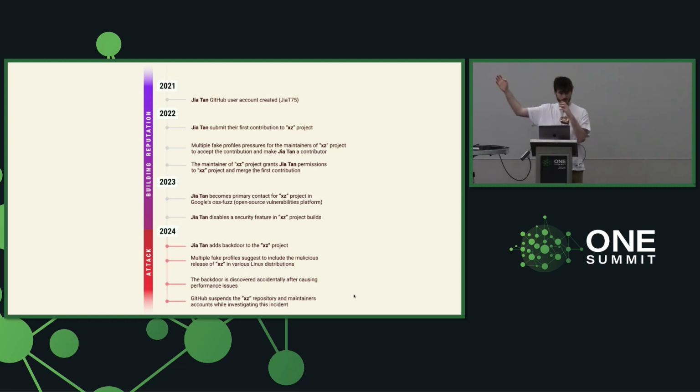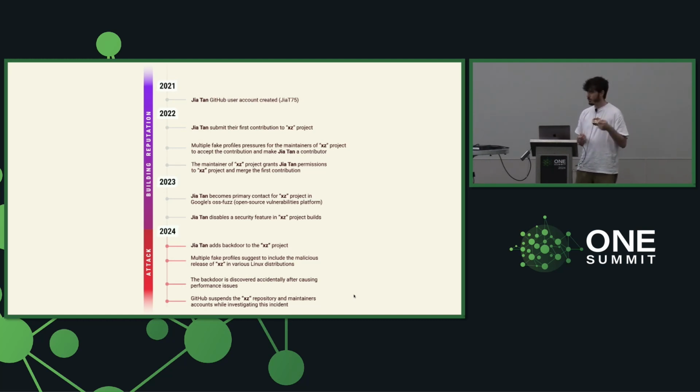So you can see here the timeline. In 2021, an account was created, so 3 years ago. And slowly they built his reputation. Eventually he started submitting pull requests to the XZ Utils project. And because the maintainer of XZ Utils was pretty occupied, other people from Jia Tan's team started putting pressure on the original maintainer, telling him, approve his commits, approve his pull requests, make him a maintainer.